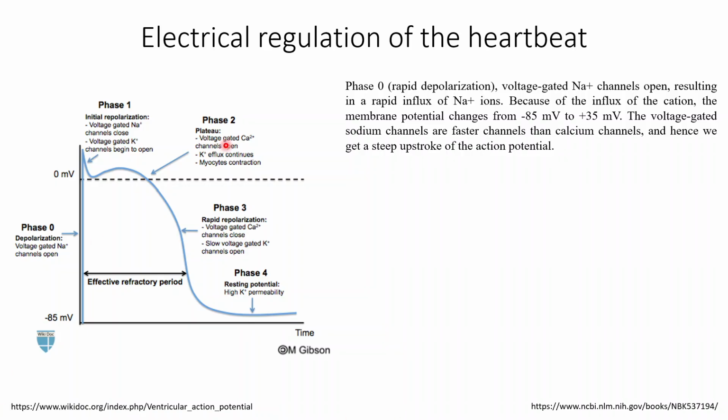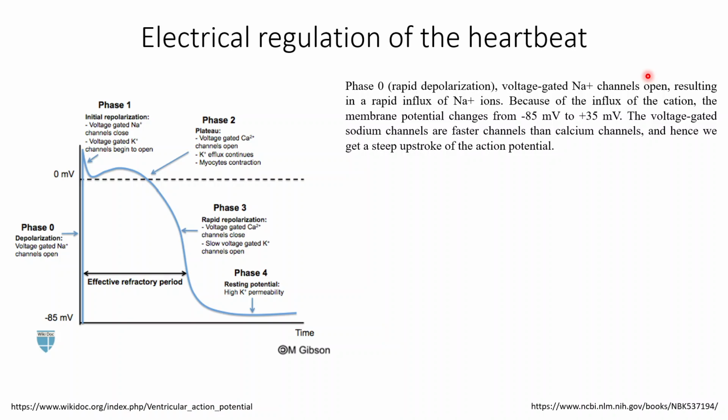So at the start, you have phase zero, where you have rapid depolarization. At resting membrane potential, we are at about minus 85 millivolts with respect to the inside of the cell. And then you have these voltage gated sodium channels opening, and these are really fast channels.